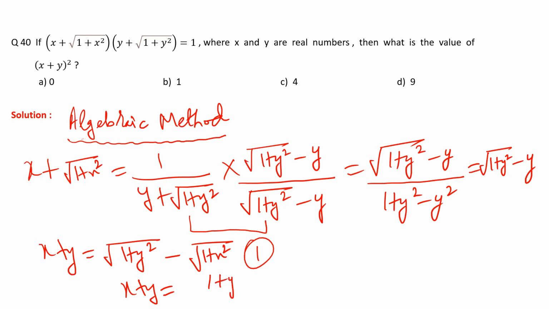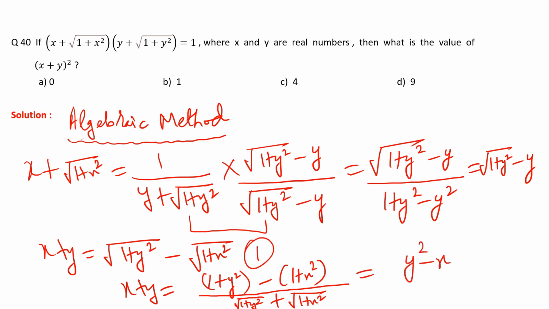We'll be getting 1 plus y square minus 1 plus x square inside the bracket divided upon square root of 1 plus y square plus square root of 1 plus x square. So that means now it becomes y square minus x square divided upon square root of 1 plus x square plus square root of 1 plus y square. Right? Now we solve it further.